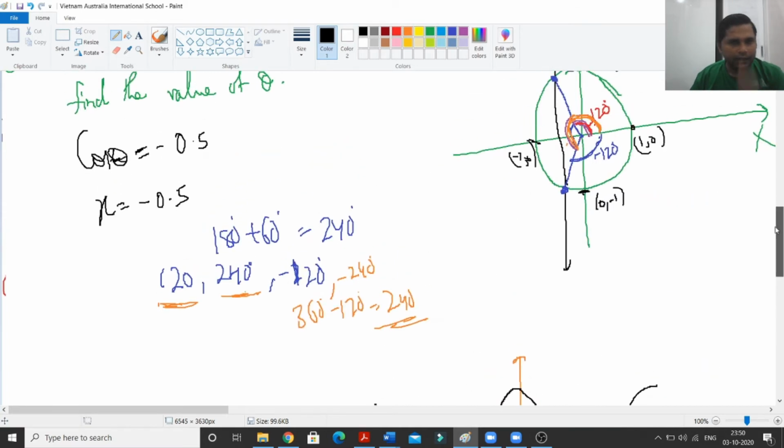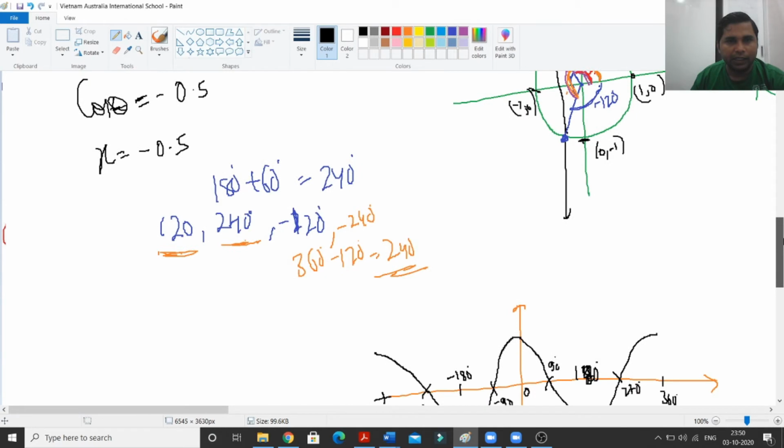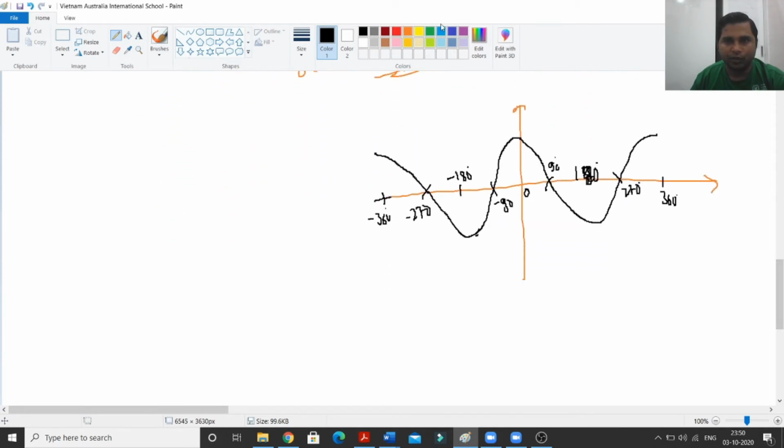Now it says cos theta is equal to negative 0.5. So we'll draw a line at negative 0.5. This is y equals negative 0.5.